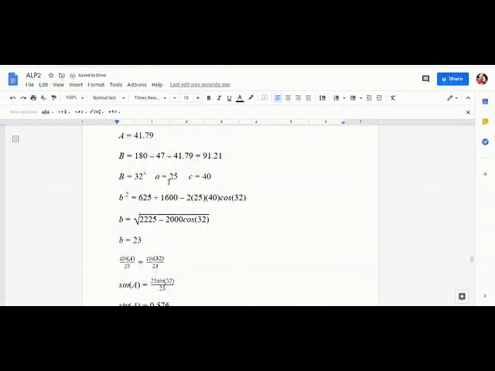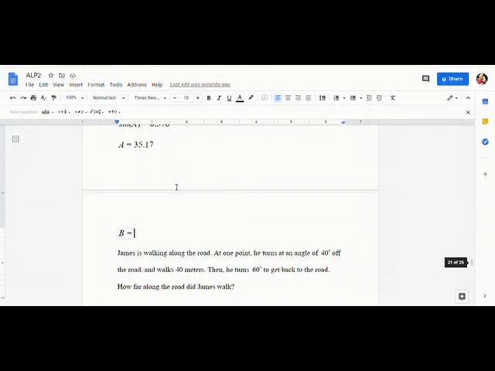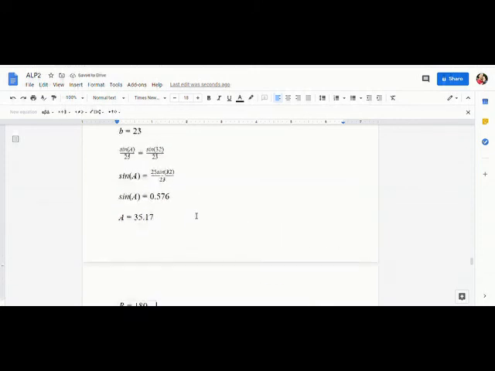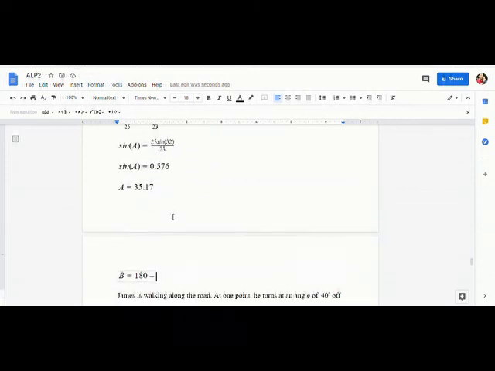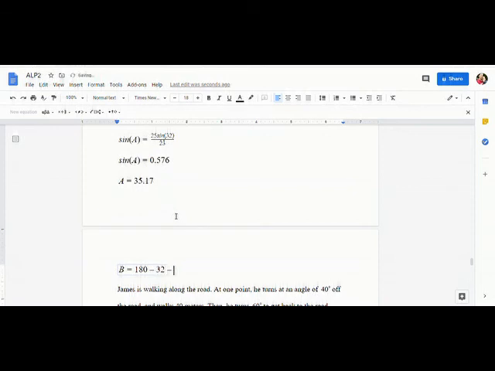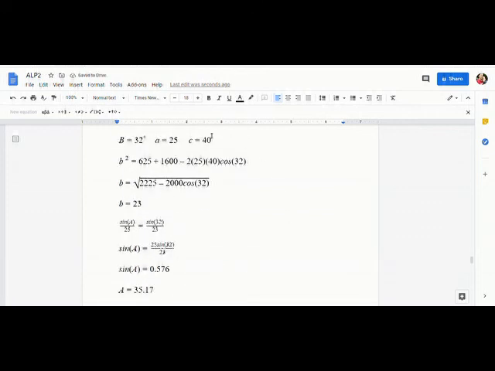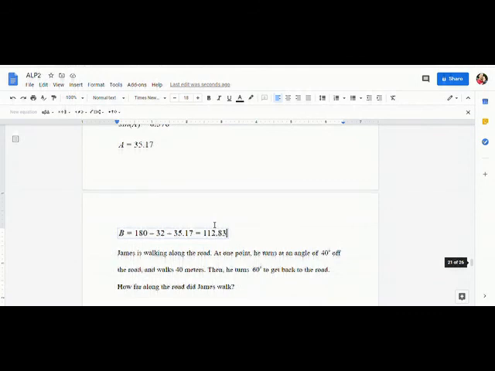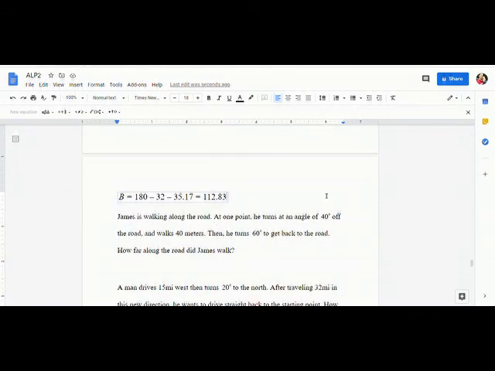To find angle B, we'll just do 180 minus the angles that we know of, 32 and 35.17, which equals 112.83. And there's the solution to that triangle. And next we will work on these application problems.